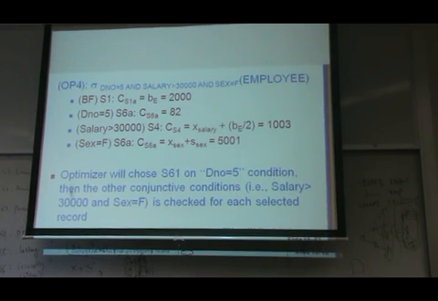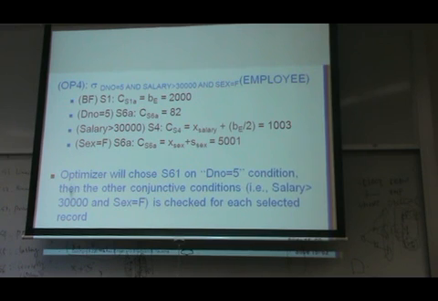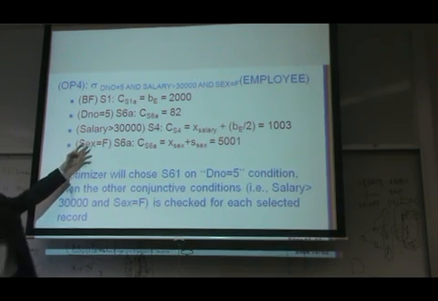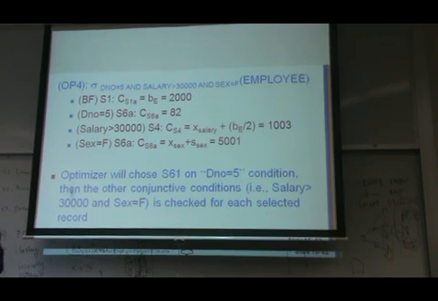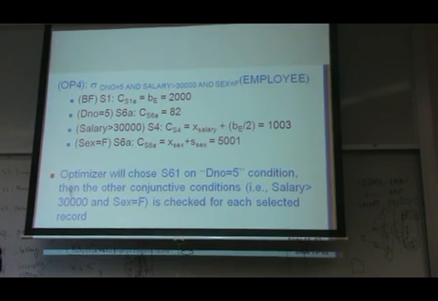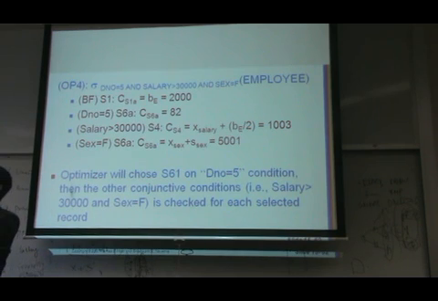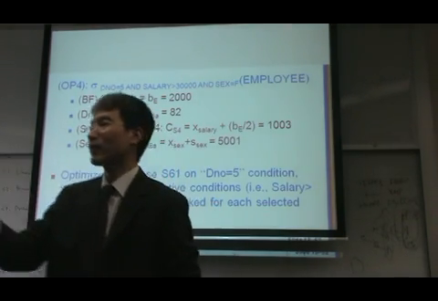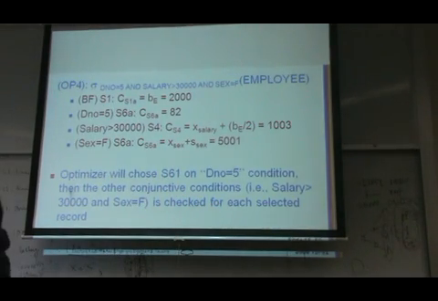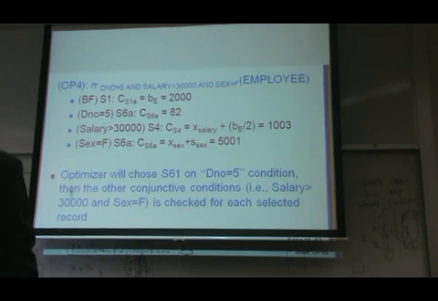However, in your query, if you strongly believe that using the index on salary is faster, then you can force the query optimizer to select this way. Most DBMSs support such a thing.